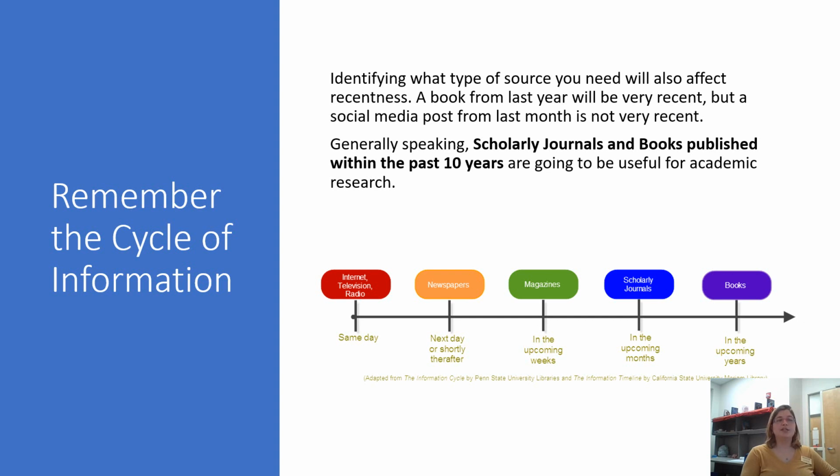Because scholarly journals and books take so much time to be published, they become irrelevant after a much longer period. If you're talking about a newspaper, in order to be relevant, it really should happen within the past year. But if you're talking about a book in the past 10 to 15 years, that book is still going to be useful.